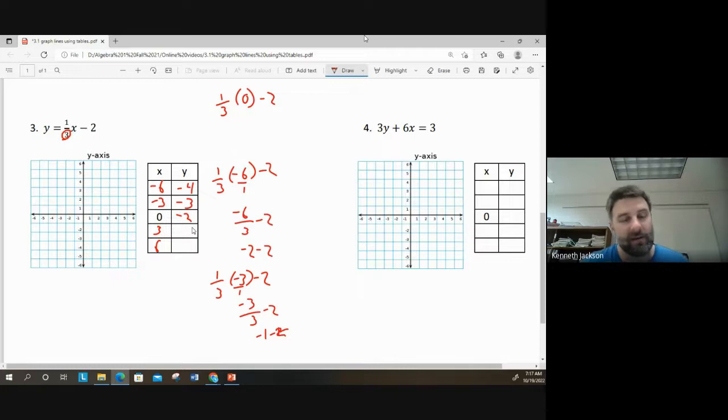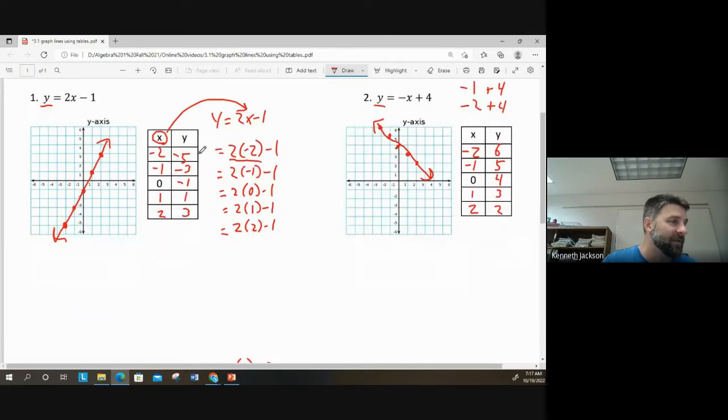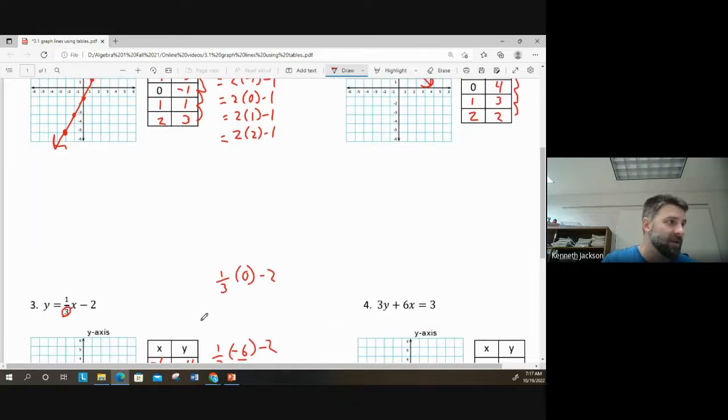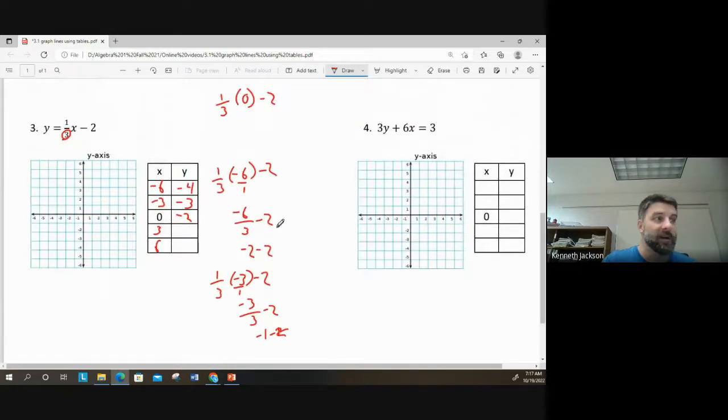Now, the nice thing about linear equations is that there should be a pattern happening in the y values. You can see it up here in our first two examples. It's going up by 2, up by 2, up by 2, up by 2. And over here on number 2, it's going down 1, down 1, down 1, down 1. 6, 5, 4, 3, 2. The next one would be 1. So we can use that so we don't have to plug in so many numbers.